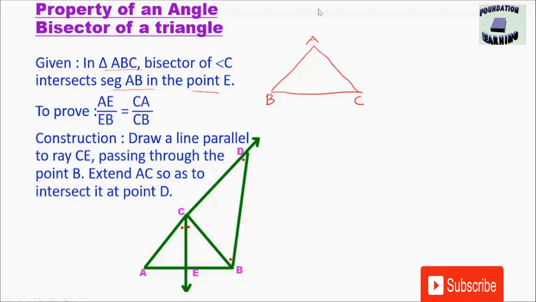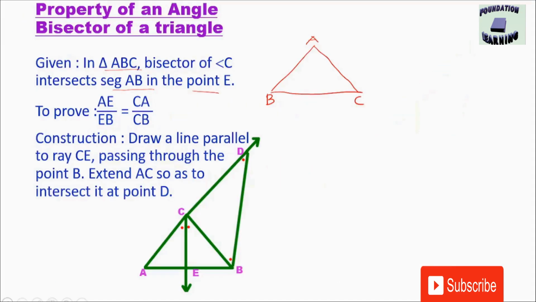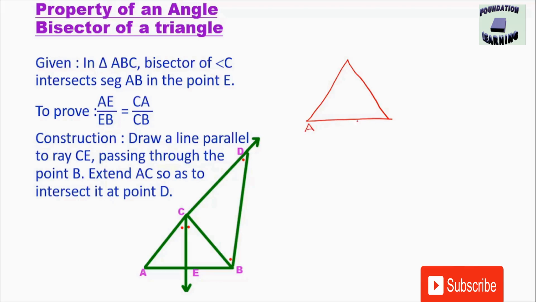No, the figure is the other way around. In triangle ABC, A, B and C. C is on top.